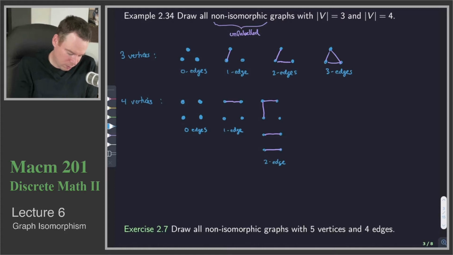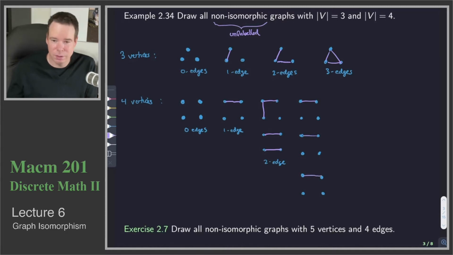And then we can do the same thing for 3 edges. Not sure how many we're going to get, but maybe I'll list at least 3 of them down here. Let's see if we can fill them all up. In all cases, there's going to be one edge. Make that the choice for that one edge. Now I need to add two more edges.